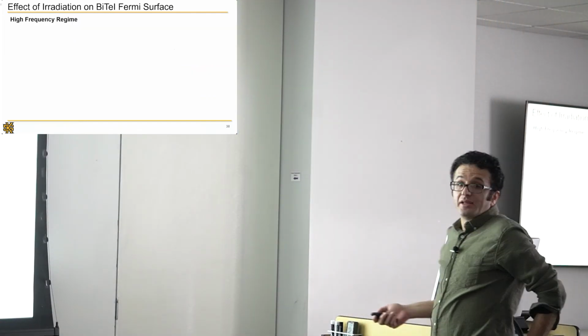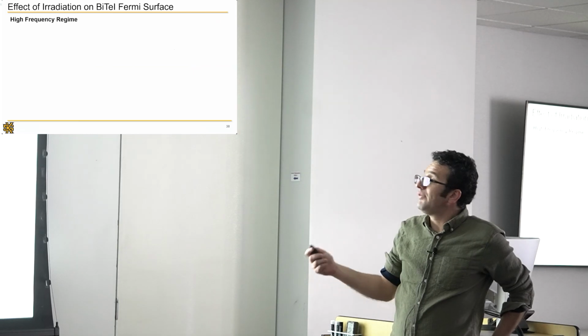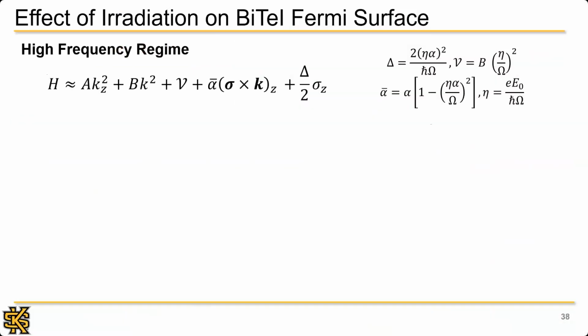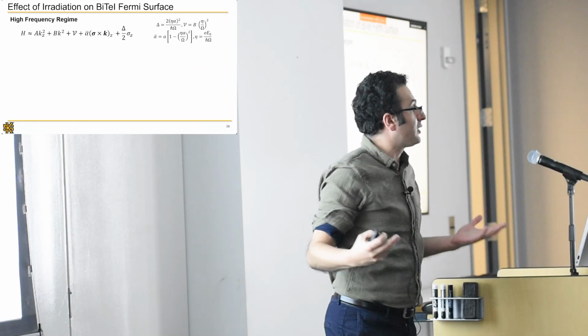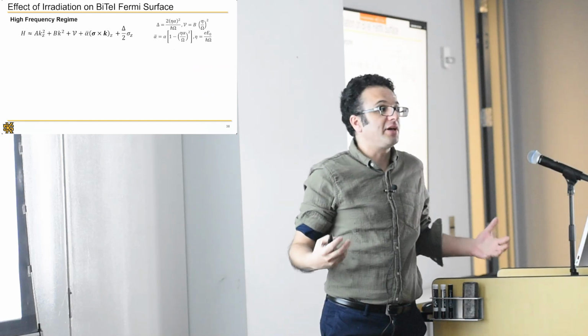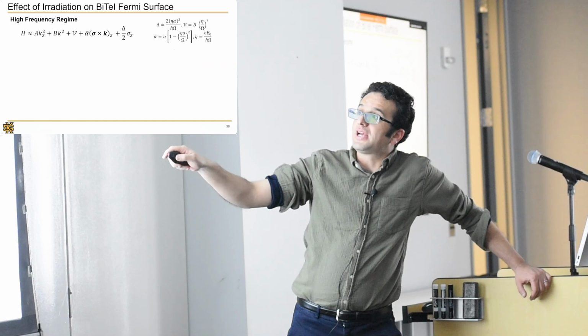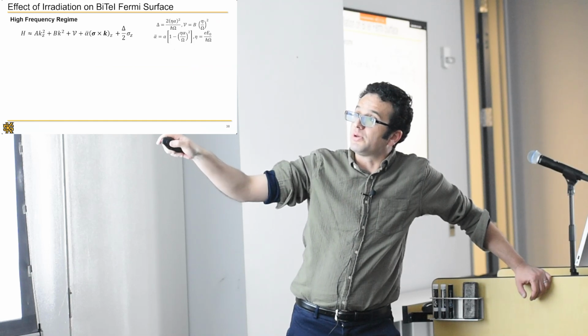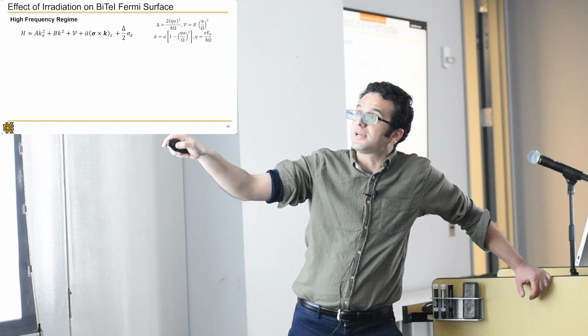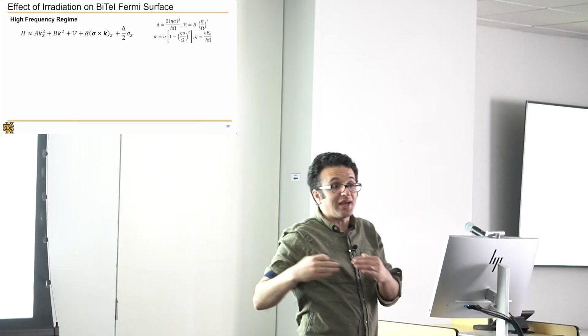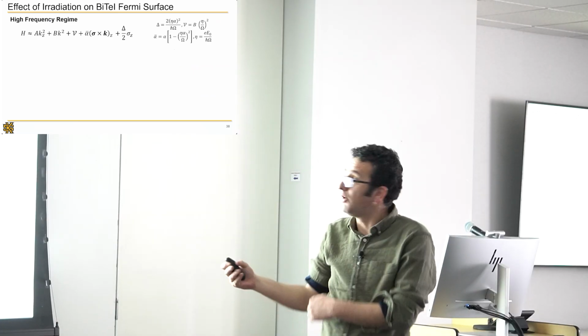If we irradiate the material and we focus on the high frequency regime, we can obtain a stroboscopic Hamiltonian, basically an effective Hamiltonian that describes what's happening to my fermions. So as you can notice, in addition to the typical terms that we had before, the spin orbit coupling, the k square in the z, the k square in the x and y, we have the appearance of the potential shift, like in the two-dimensional electron gas that we saw.